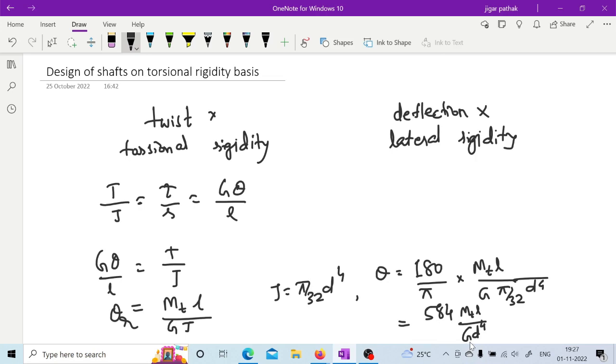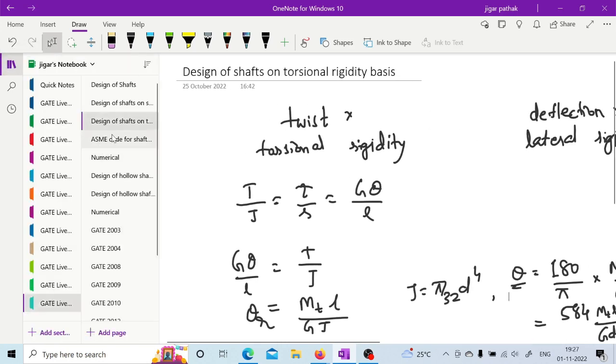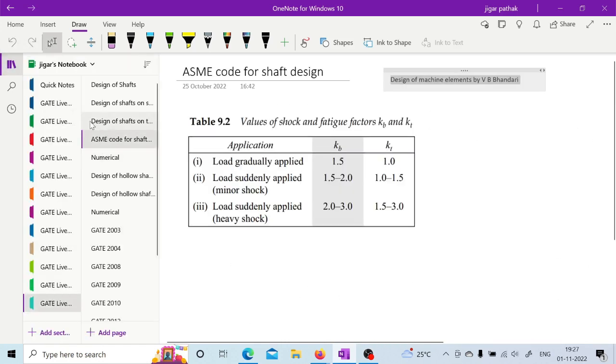So this is how you design a shaft based on rigidity, where we have considered theta, the angle of twist. Then there is the ASME code.